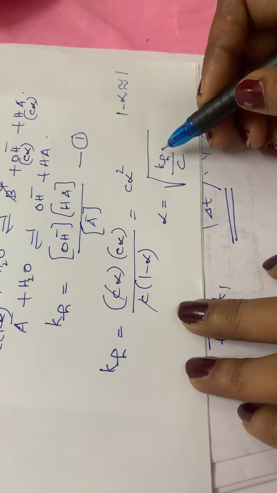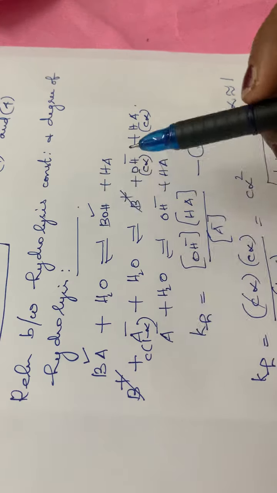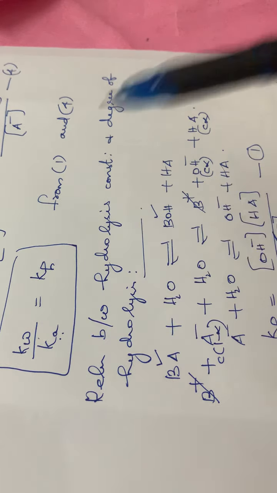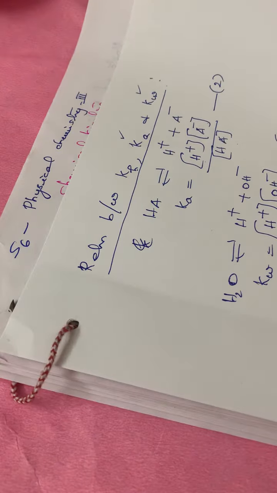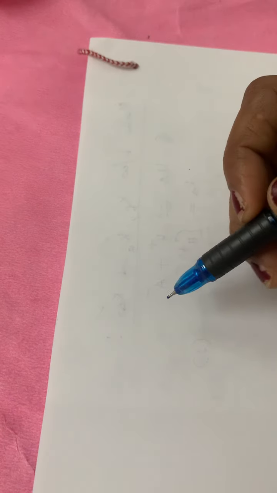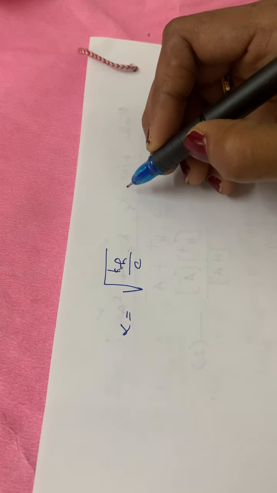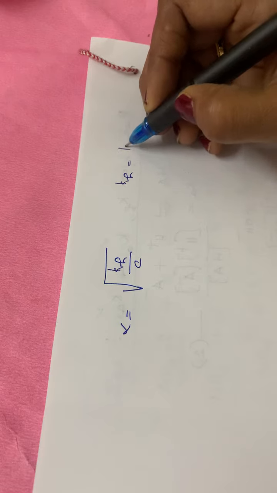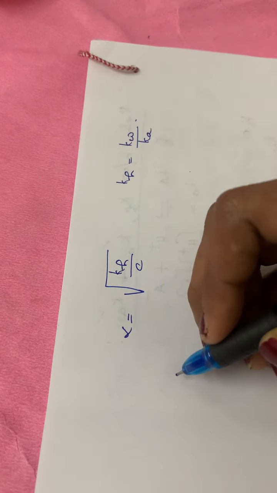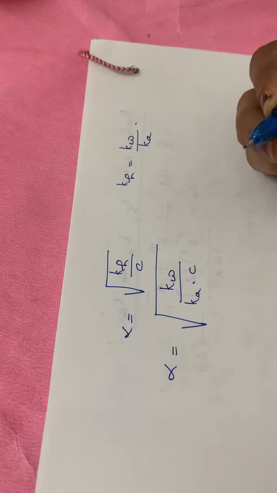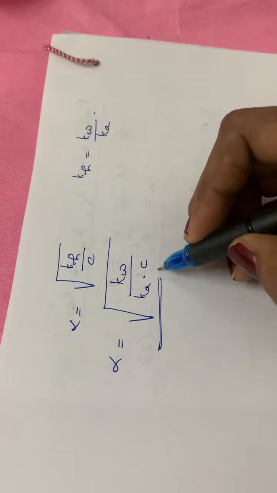Then you have to substitute for KH. What is KH? KH is equal to KW by KA, isn't it? So alpha is equal to the square root of KH divided by C, and with KH equal to KW by KA, alpha is equal to the square root of KW by KA into C. So this is the alpha.